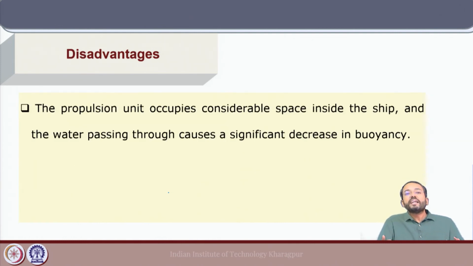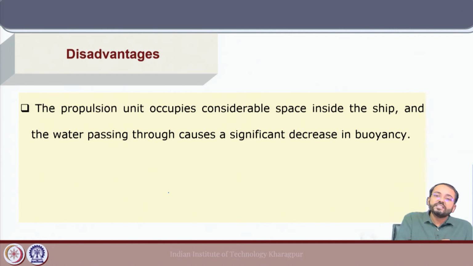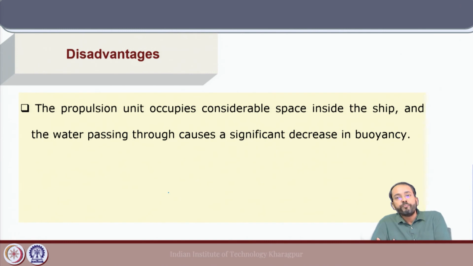If we look at the main disadvantages of a water jet system, the entire water jet propulsion unit between the inlet and the outlet is present within the stern region of the ship, and hence that occupies a large space in the ship, which is not possible for cargo vessels where space is a very important characteristic in terms of the vessel operation.